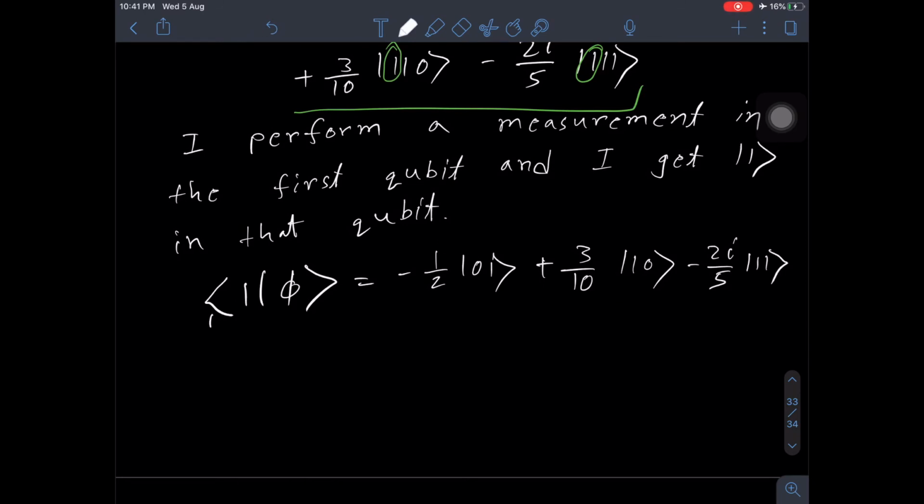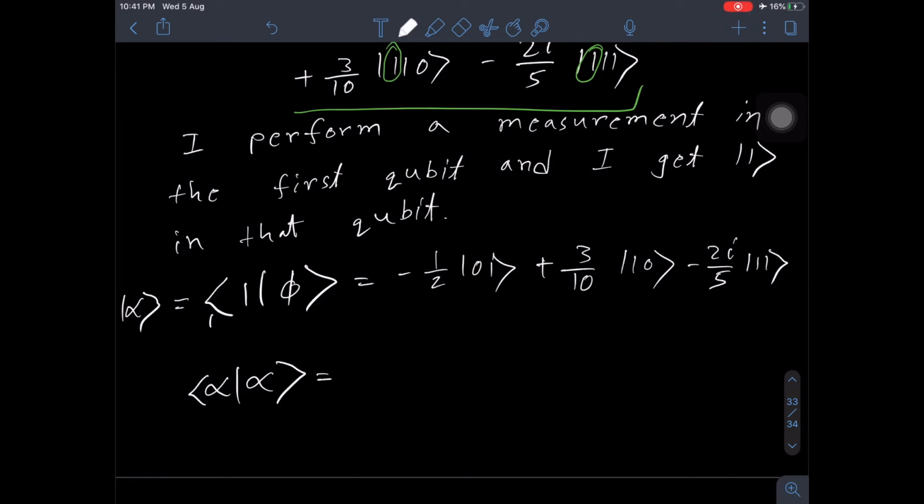But as you can see, obviously this is not normalized, right? So this is not my collapsed state. So what will be my collapsed state? Let's give this a name. Let's call this alpha. This is not normalized, so I have to normalize it by its norm. Let's check that.